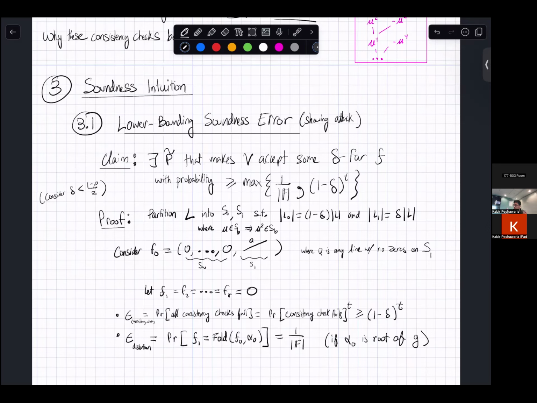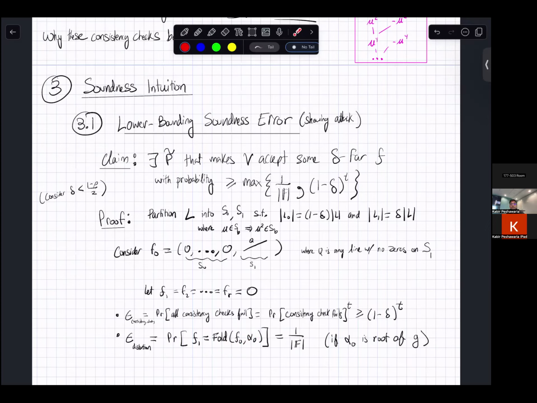And then what is this distortion? Well, this is a weird scenario where when I fold F0 and get F1 with this folding challenge alpha 0, it actually turns out that the folding of F0 with this unfortunate folding challenge turns me into the all zeros polynomial.